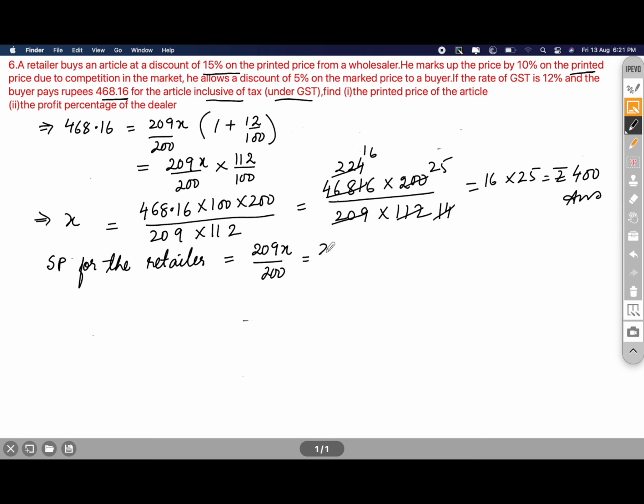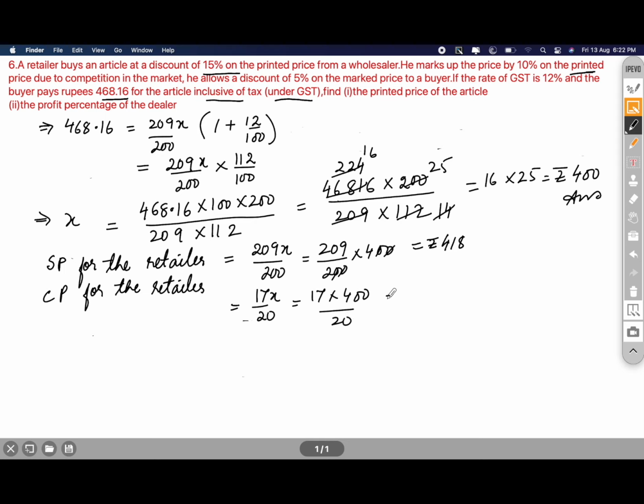So substitute the value of X now. The selling price will come out as 418 rupees, right? Next, the cost price for the retailer. Again, in terms of X, the cost price was 17x by 20, right? So 17 into 400 by 20, please simplify, you will get 340.